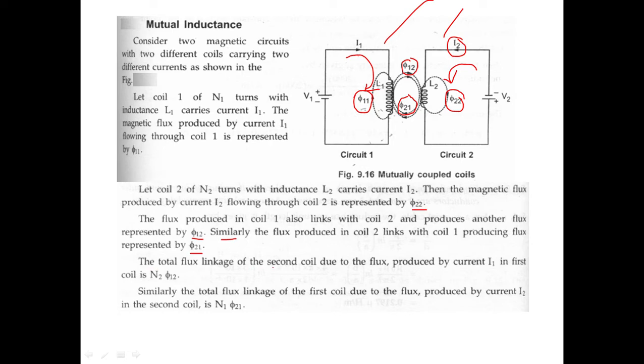Now the total flux linkage, this is important, the total flux linkage of the second coil due to the flux produced by the current I1 in the first coil is N2 into phi12, where N2 is the number of turns in the second coil and phi12 is the flux produced by the current I1. Similarly, we have N1 into phi21 for the first coil, right?